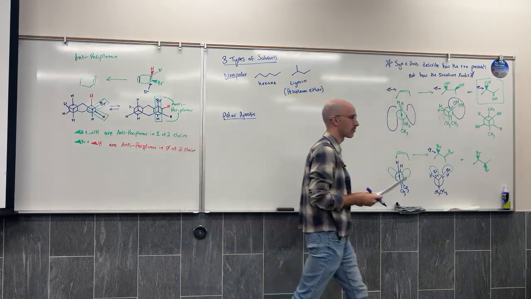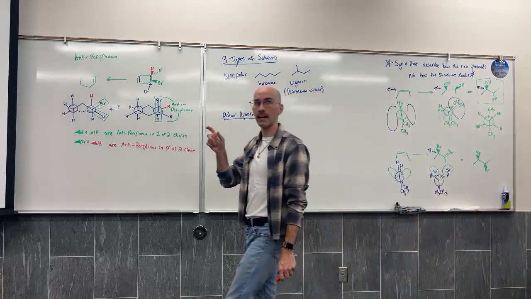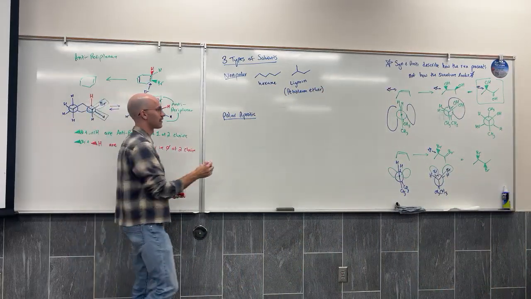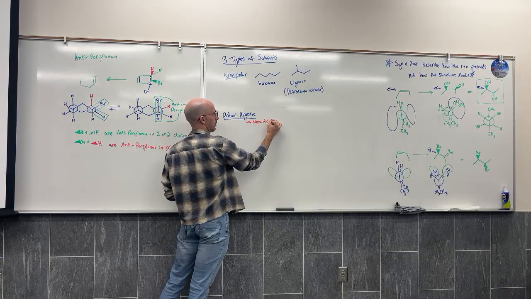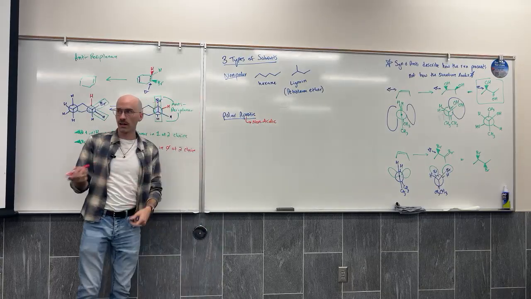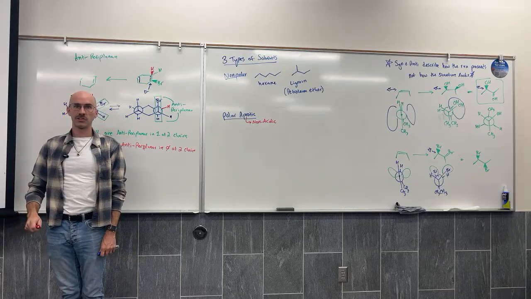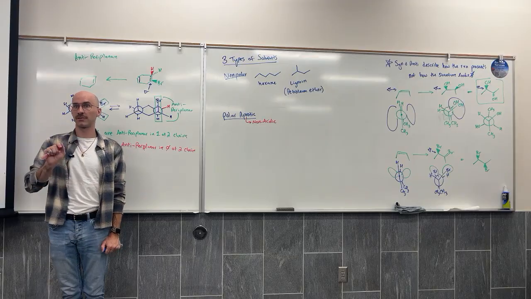Aprotic there is telling us what? Lacking protons. Yes. Non-acidic. Because remember, a proton is just H+. So if we're saying it's aprotic, we're saying it does not deliver H+.